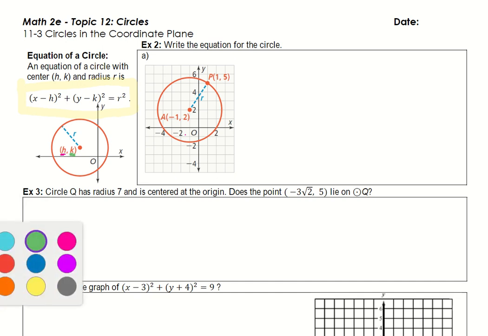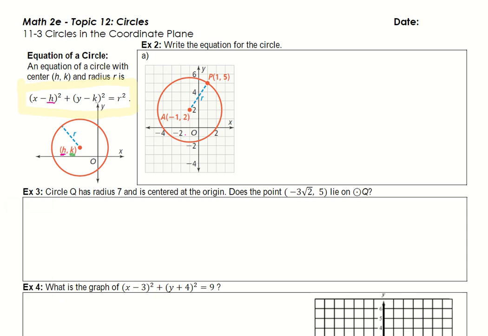And then if I look at the equation, x minus h, y minus k, this part's different because h and k are both in parentheses. So the value in the point, my center point, is going to be the opposite value in the equation for both h and k.